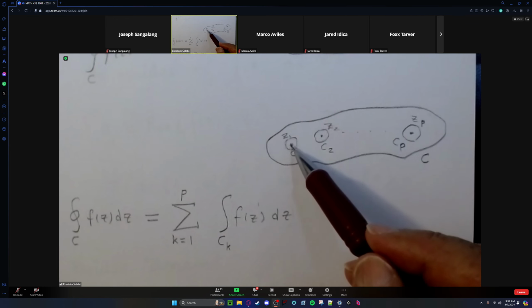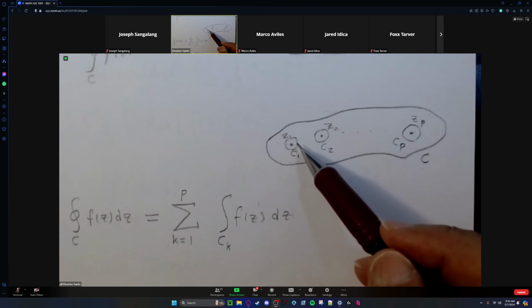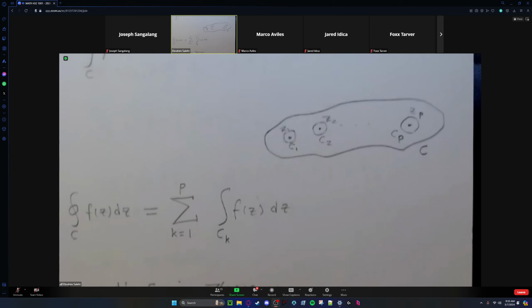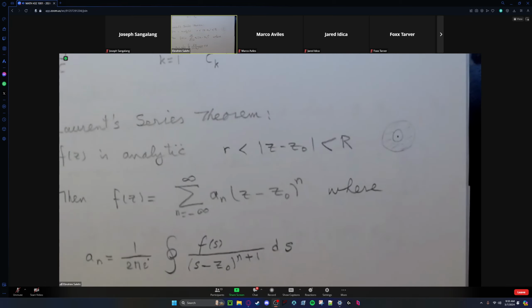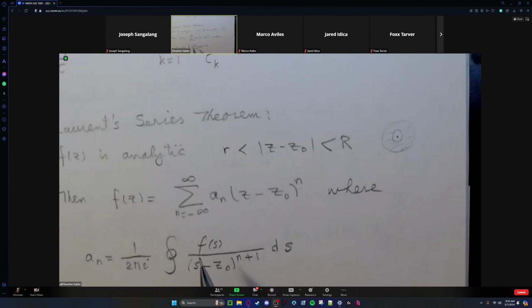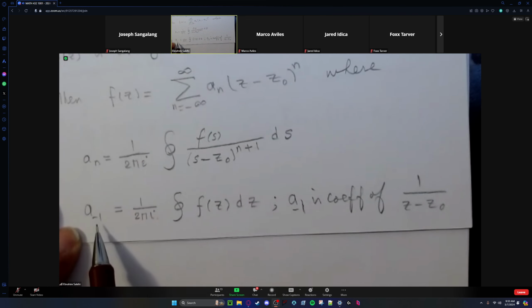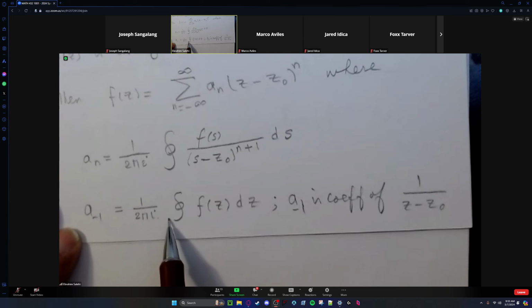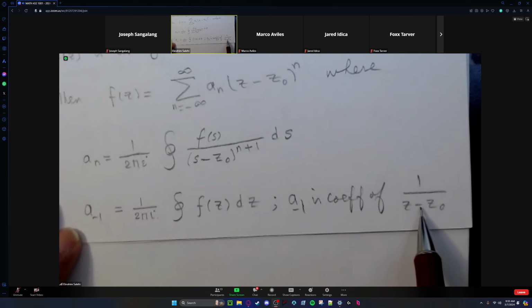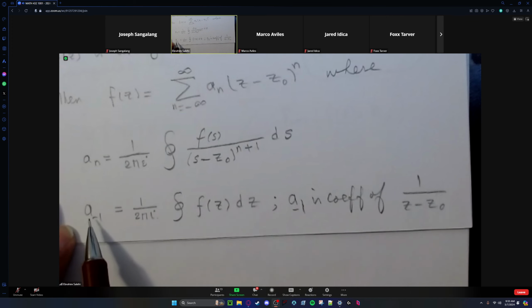That coefficient, times 2 pi i, will give us the value of that integral. So you write the Laurent series, and this a minus 1 we call the residue, which is the coefficient of this term.